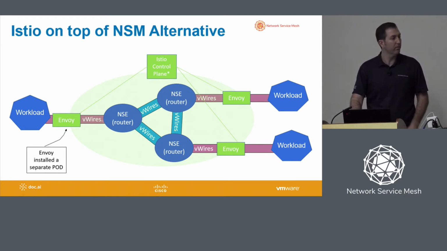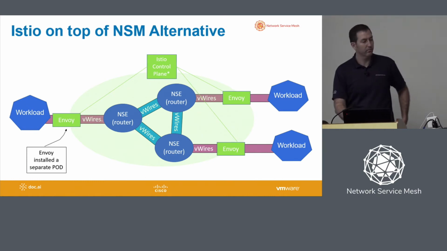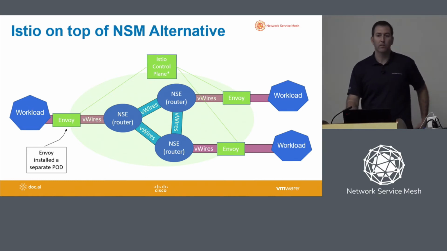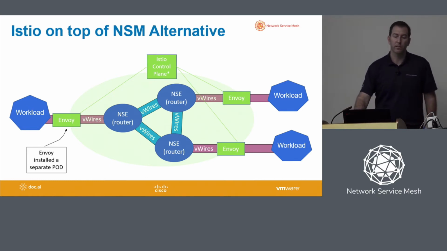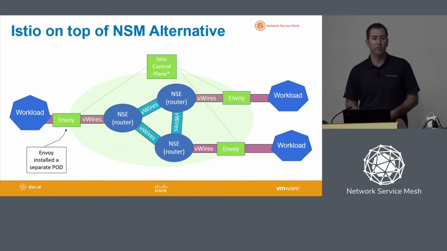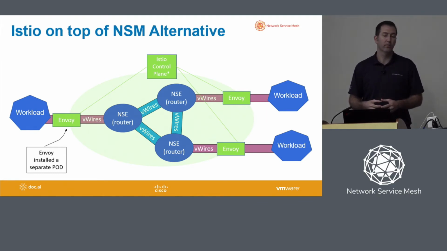And two points on this. One, there's been some work in the Istio community to have this type of model where Envoy is outside of the pod. But there's also, I heard Ed and others here mention the possibility of having Envoy be a network service that you use to install in the data path.